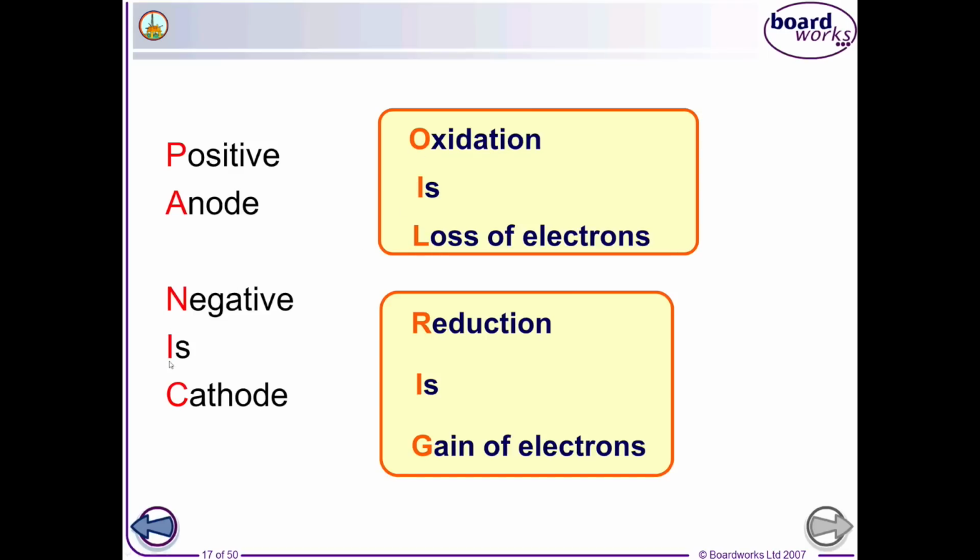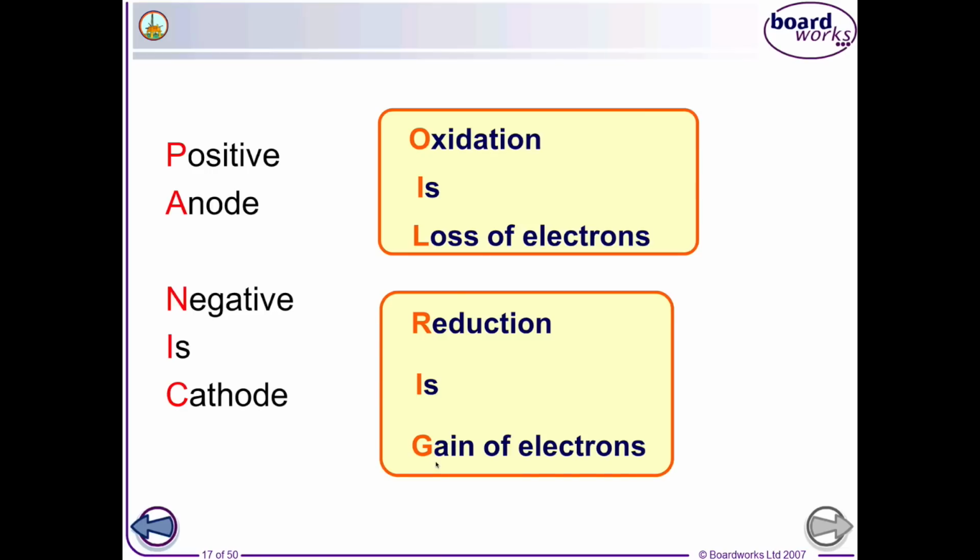And then at the negative cathode, reduction happens, and that is gain of electrons. So immediately then, I know whatever gets attracted to the positive anode will undergo oxidation and will lose electrons. Whatever gets attracted to the negative cathode will undergo reduction and will gain electrons. And that's just a little way to help you remember what happens.